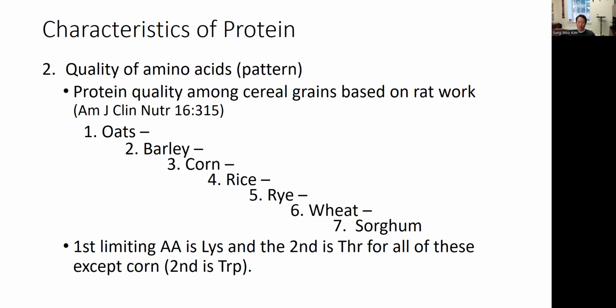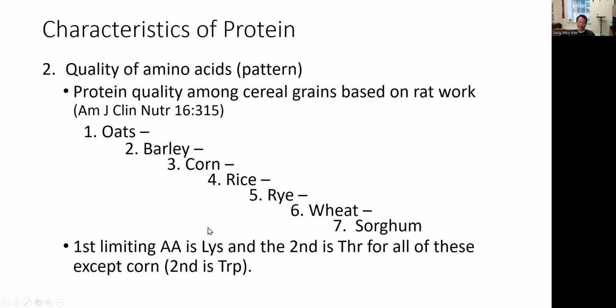Same for animals. Most animal feed for monogastrics, swine, and poultry, which is based on corn or cereal grains with some soybean meal, will still have some supplemental lysine added, right? Because cereal grains are not providing enough lysine.